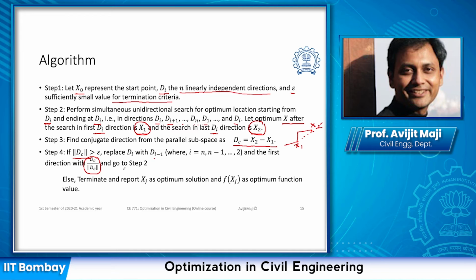Now let us look into this step, how it is going to work. By the way, if the scalar quantity of the direction happens to be lesser than the precision, then we terminate and report the final point as the optimum solution with f(xj) as the optimum function value.